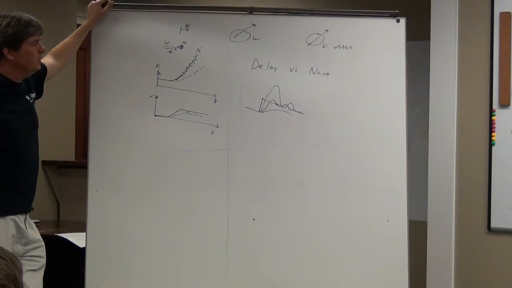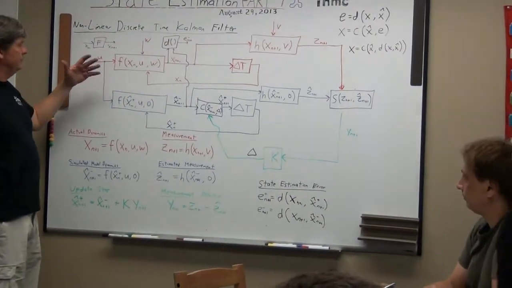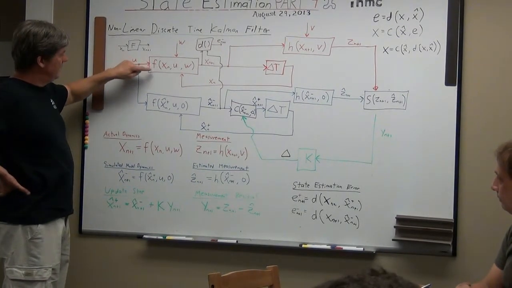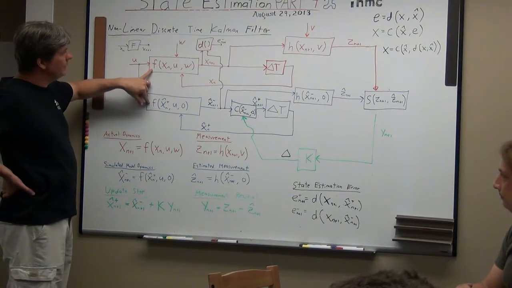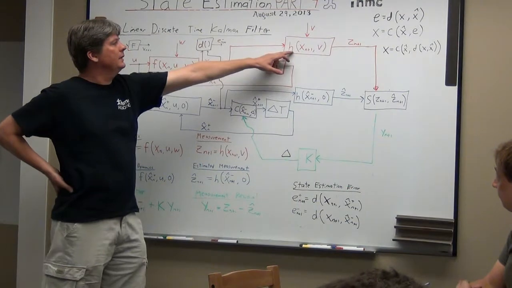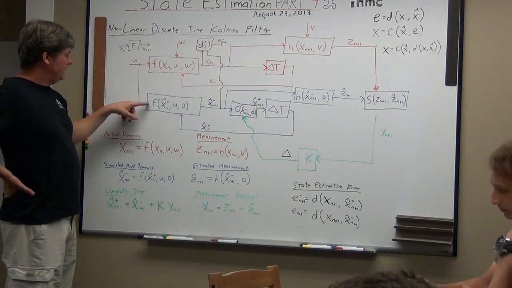Yeah, and also, if we go back to the diagram here, as far as Johnny's question about learning and adaptation, in all of this we've been doing so far, we've assumed that F is exact and that H is exact. When we use it in our estimator, we know exactly the dynamics of the system. We don't. There's going to be changes in that.